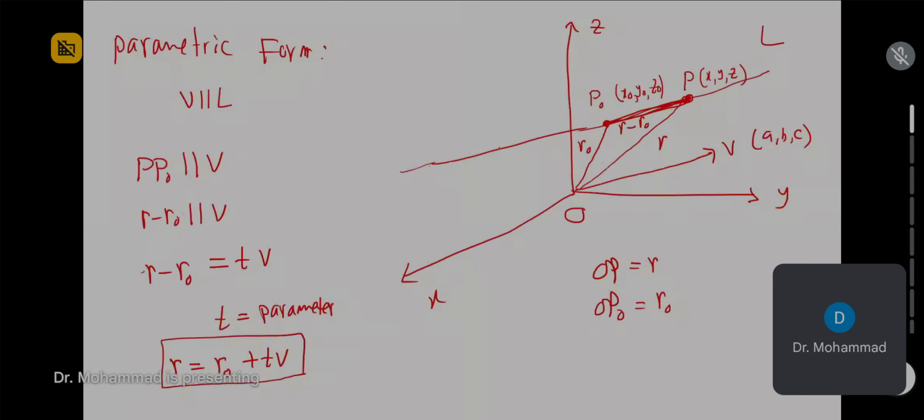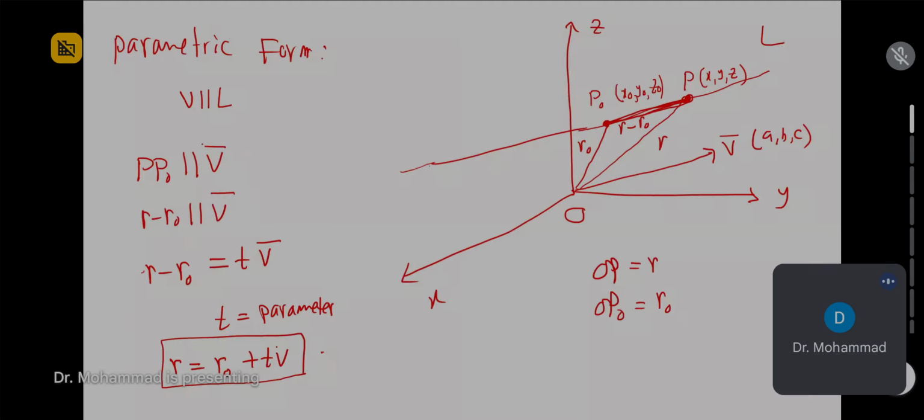This is the equation of the line L passing through the point P naught and parallel to the vector V.